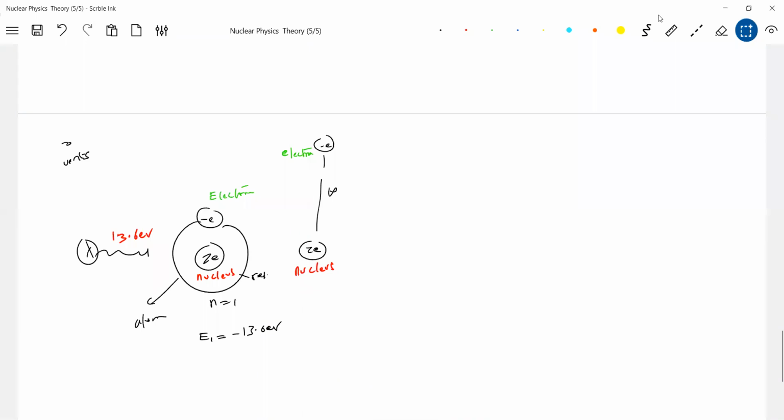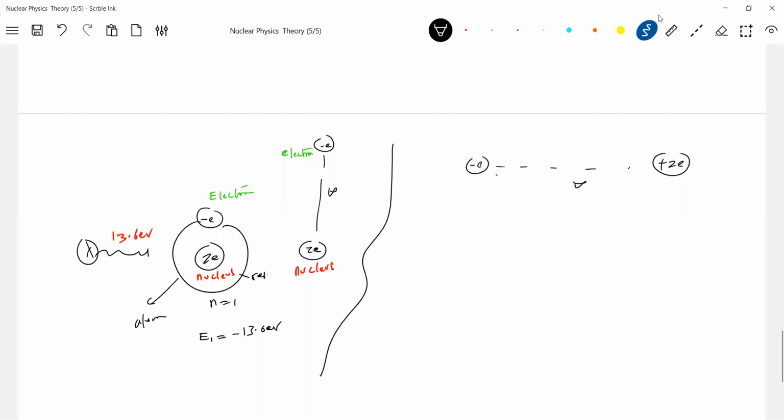Now, if you supply energy equal to the binding energy of the hydrogen atom, it will break up into electron and nucleus. Similarly, if this is an electron and this is a proton, they are far away, separated by infinity. If this proton captures that electron and forms a hydrogen atom, something will happen.